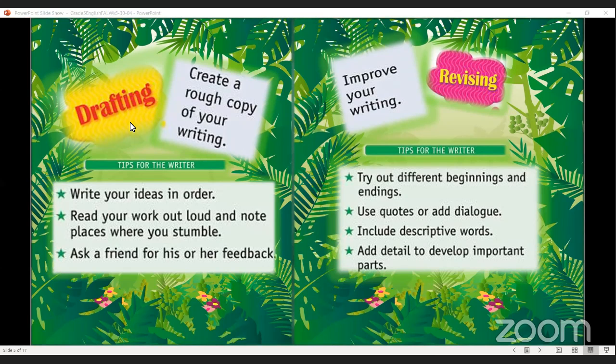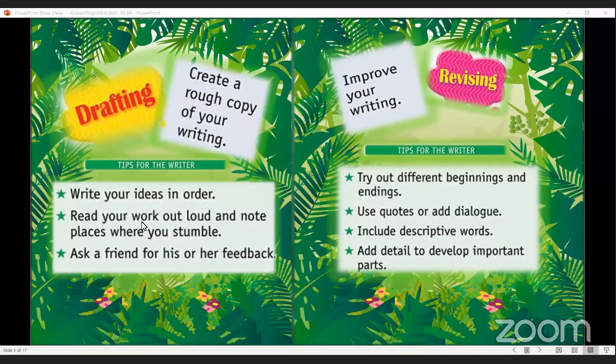Come now. Okay, we have our drafting, where we create a rough copy of your writing. Remember I said your rough copy is where you just don't worry about punctuation, paragraphs, etc. That doesn't mean you mustn't worry about that later. It just means when you're putting your ideas on paper, focus on the idea.